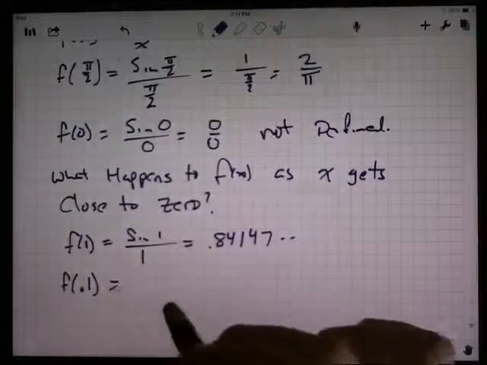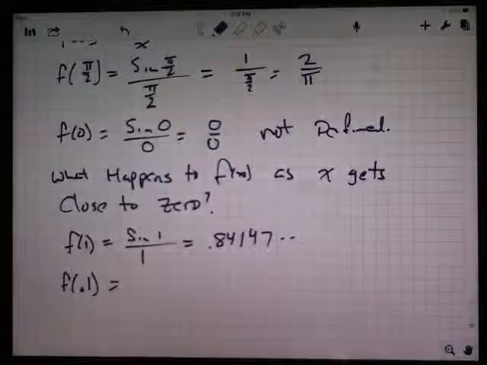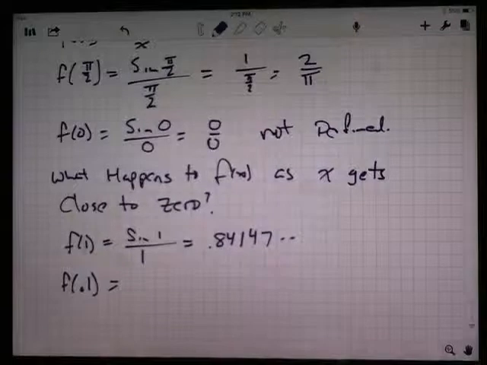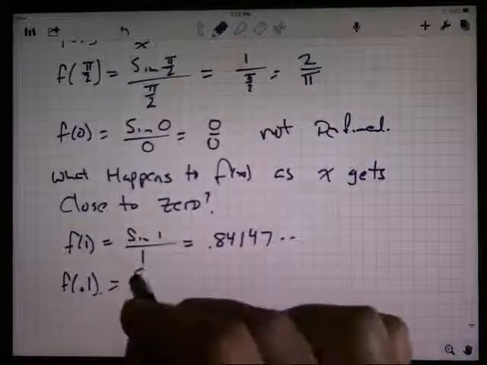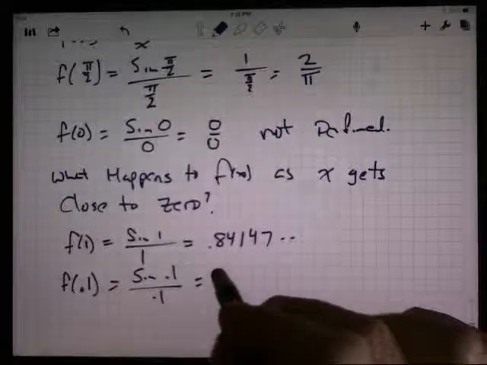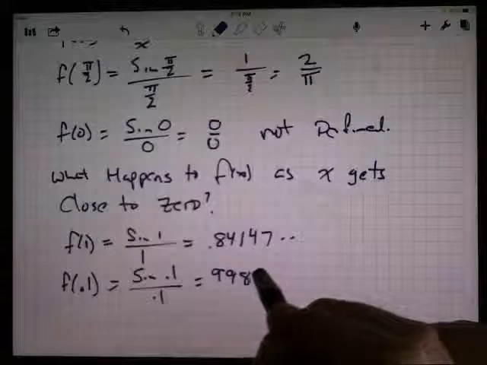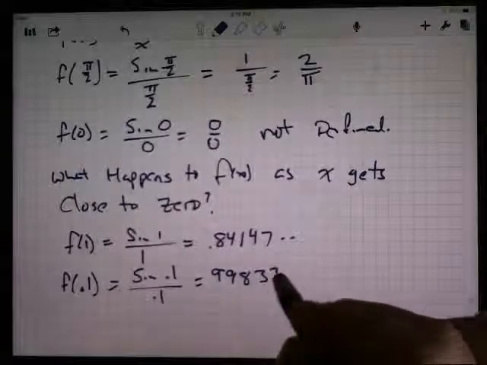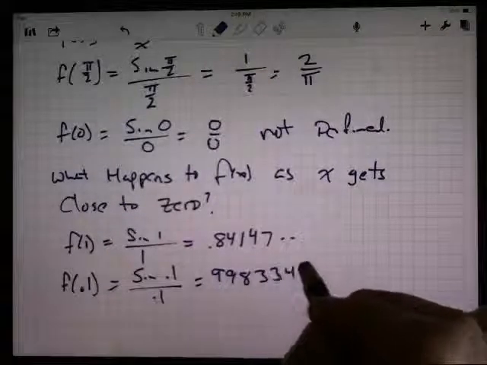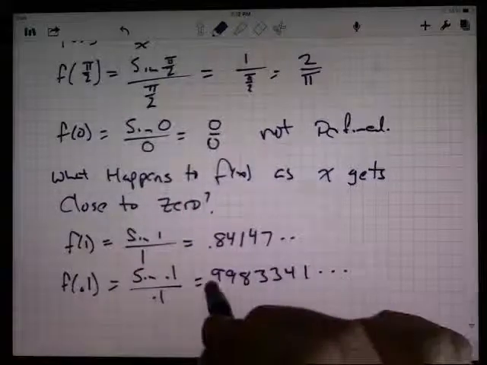I type it into my calculator, sine of 0.1 divided by 0.1, and it tells me it's 0.9983341, whatever. Okay, so that's 0.998.